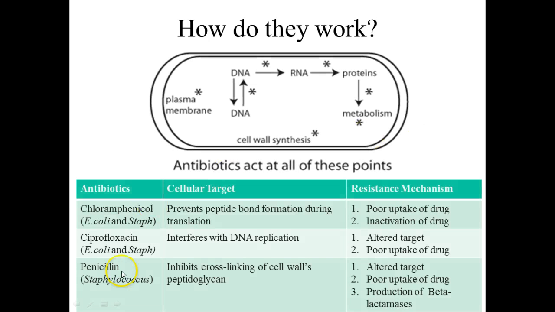Right? It depends on the drug and it depends on the organism. So in this table you'll notice that chloramphenicol is effective against the two organisms we're using today, which is E. coli and Staphylococcus epidermidis. The reason why we chose those is because one's gram positive and one is gram negative, right?